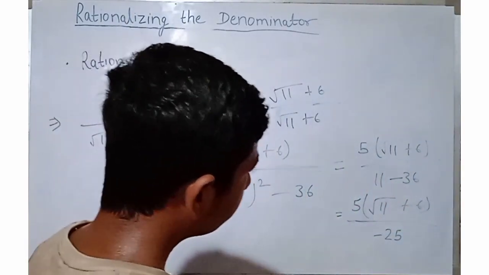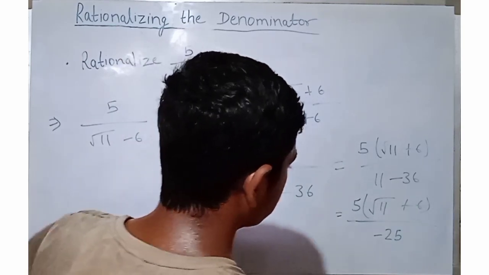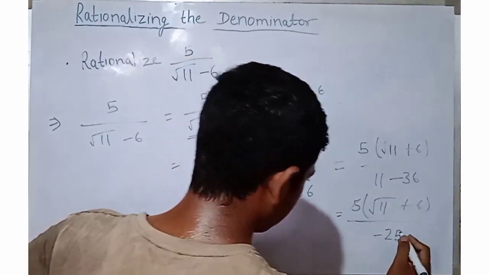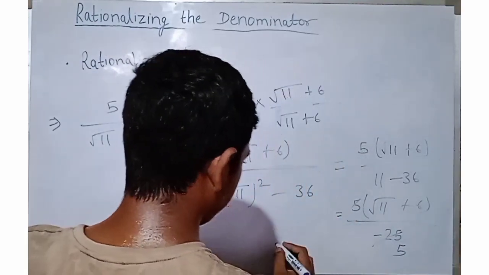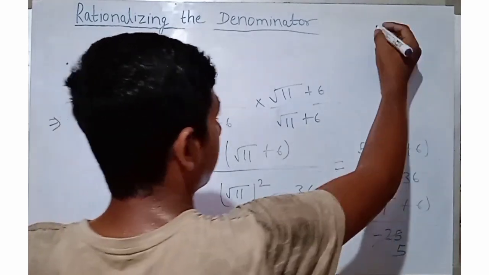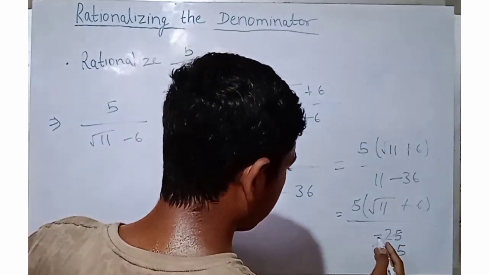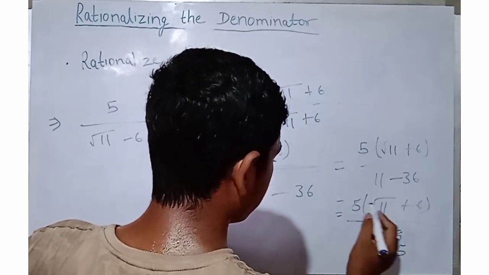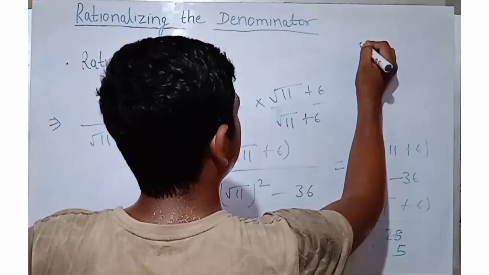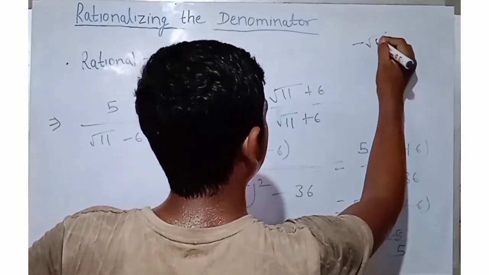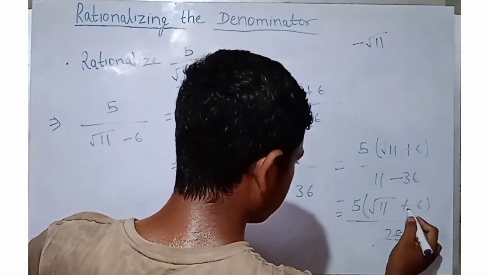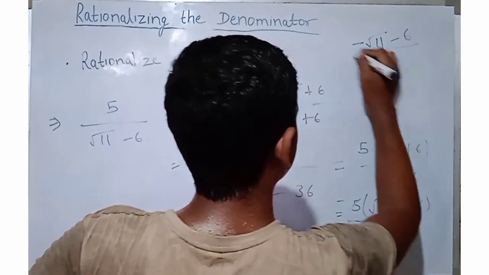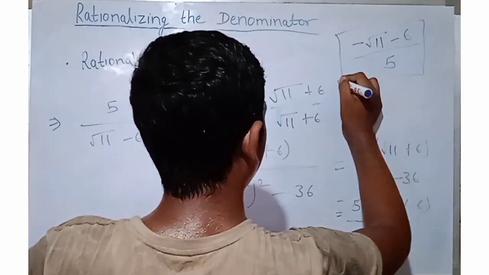Yes, it is right. So minus 25, and it will be 5. So the answer will be: minus 5 cancels, the minus sign goes ahead, so minus root 11, and minus 6, by 5. So this is your answer.